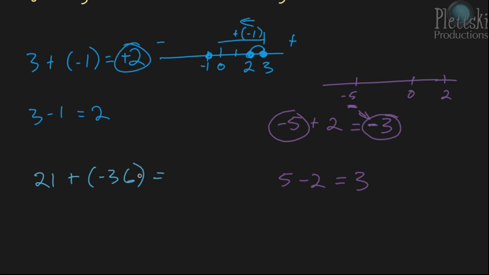So that means our answer is going to be negative. It's going to have the same sign as the number with the largest absolute value. So it'll be a negative, and then we take the difference of the two. So 36 minus 21. So 6 minus 1 is 5, and 3 minus 2 is 1. So our answer is going to be 15, but remember, it's going to be a negative. So our answer is -15.